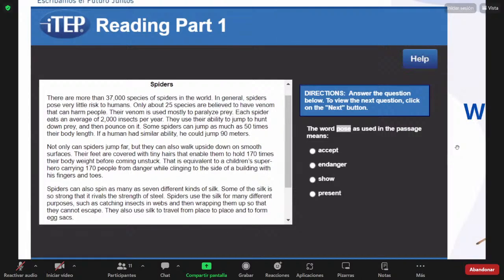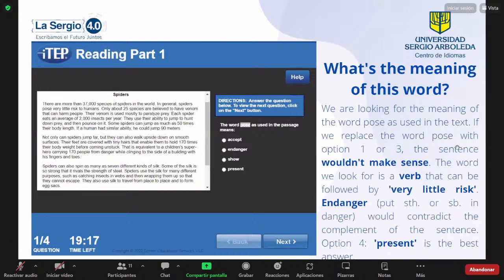And the answer is correct. If you change it here, in general, spiders present very little risk to humans, it makes sense, no?